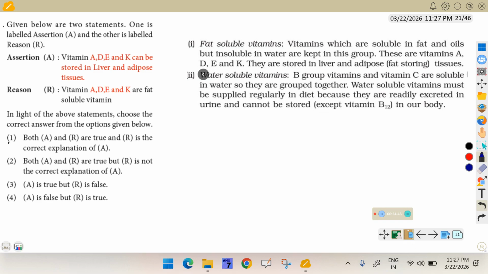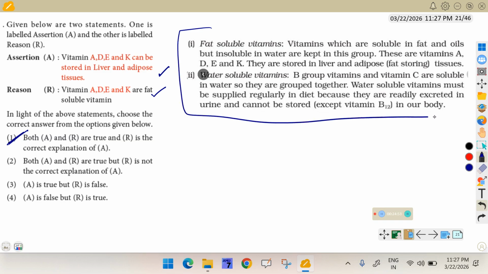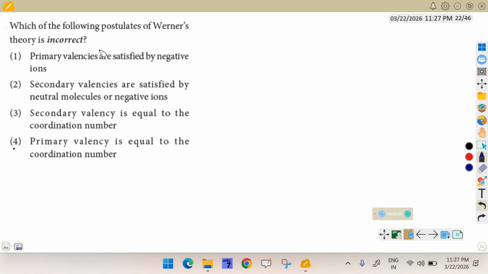Yes, correct. Vitamin A, D, E and K are fat soluble vitamins. Correct. A is true, R is true, R is the correct explanation of A. Which of the following postulates of Werner's theory is incorrect? Fourth one is incorrect because primary valency is equal to oxidation number.